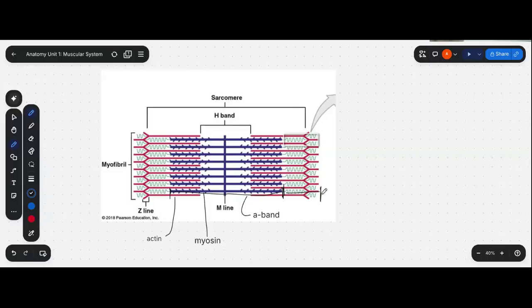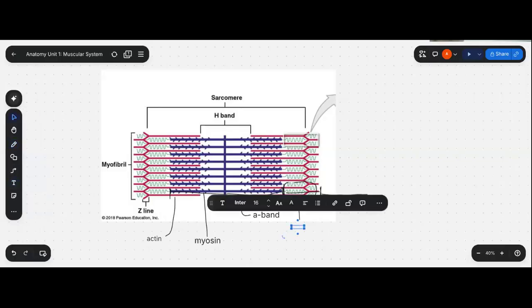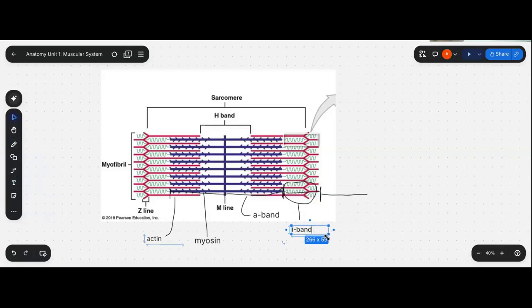So let's say that there is another dark blue line starting here. That means that this middle segment where the actin is, that would be an I band. In this model and in this picture, you cannot see another myosin band.